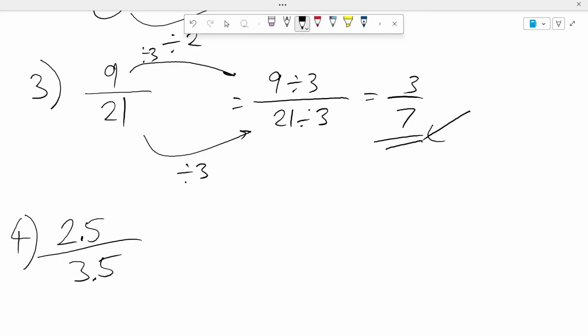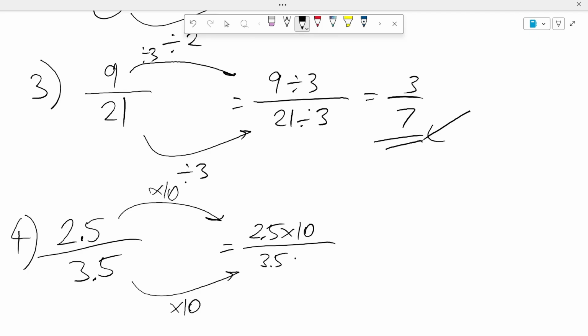Well, as long as what we do to the top we do to the bottom is the same, the fraction remains equivalent. So I can multiply top and bottom here by 10. If I multiply top and bottom by 10, I get 2.5 times 10 over 3.5 times 10, which is 25 over 35. And we removed the decimal point, and now we just have whole numbers on the top and bottom.